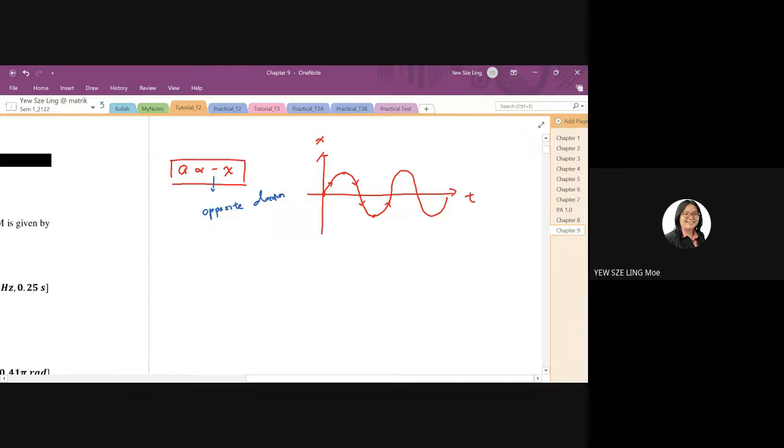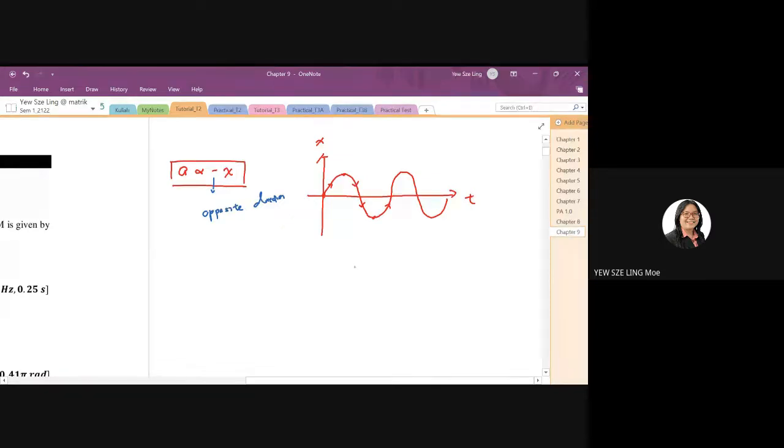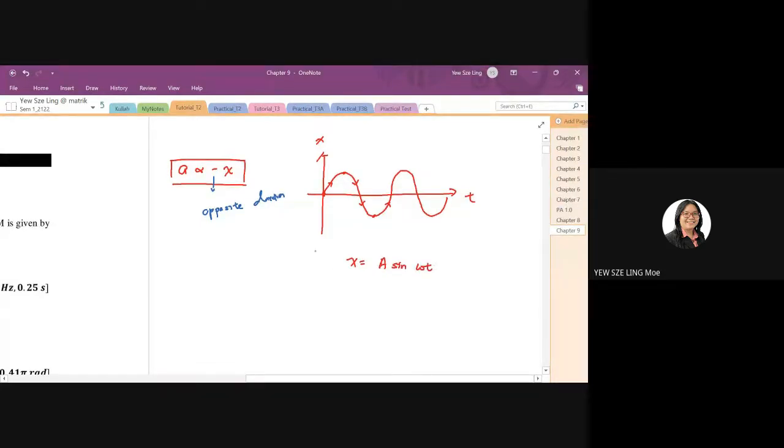Now, based on this periodic motion, based on the graph given, we can form an equation that we can use to represent the displacement of the object, where x equals a sin omega t. This is what I call the general equation for simple harmonic motion.